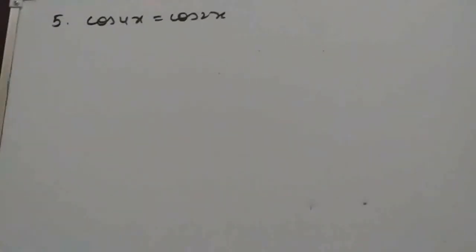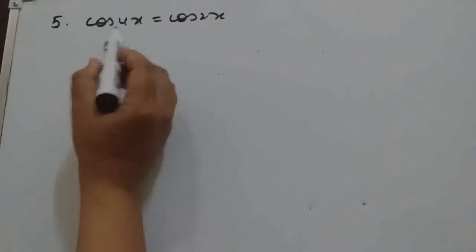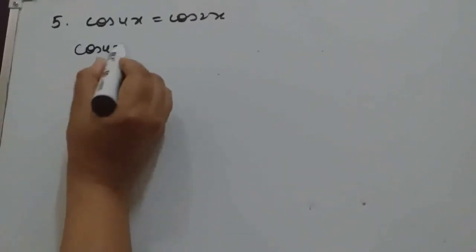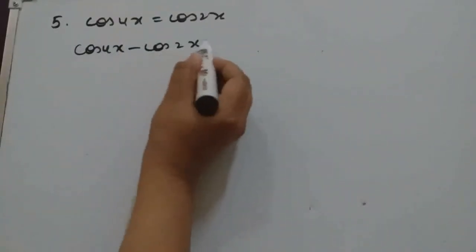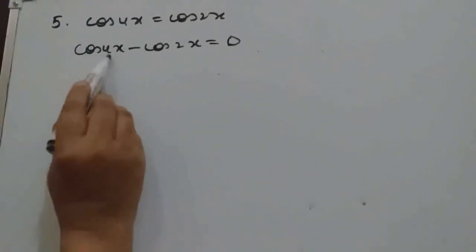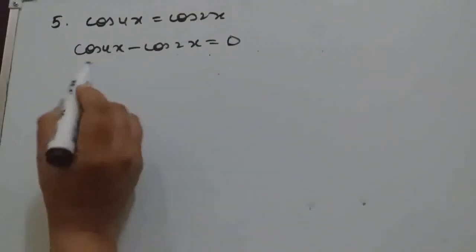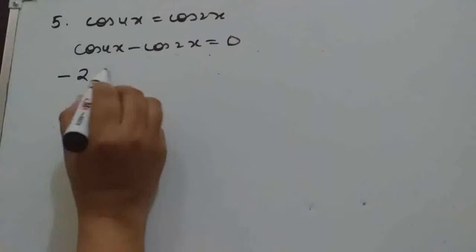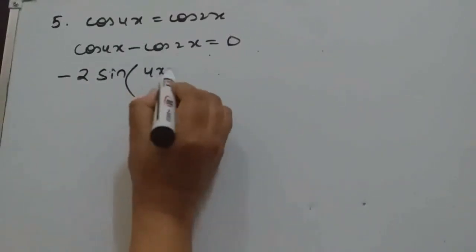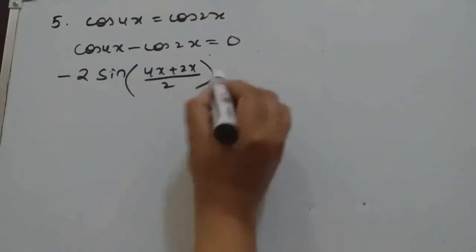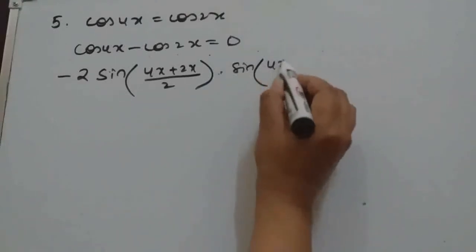Question number 5, cos 4x equal to cos 2x. In such type of trigonometric equation, we can simplify this. See, cos 4x minus cos 2x equals 0. So cos A minus cos B formula we can apply here, which is minus 2 sin of (A plus B) by 2 into sin of (A minus B) by 2.